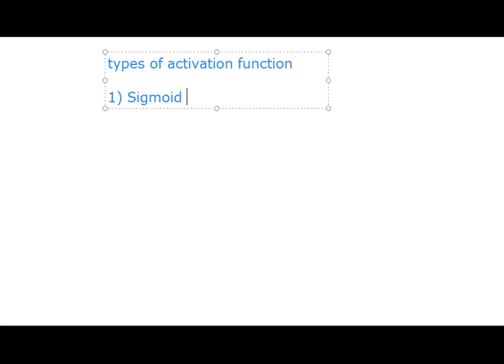The sigmoid function, whose graph is an S-shaped curve, is by far the most common form of activation function used in the construction of neural networks.